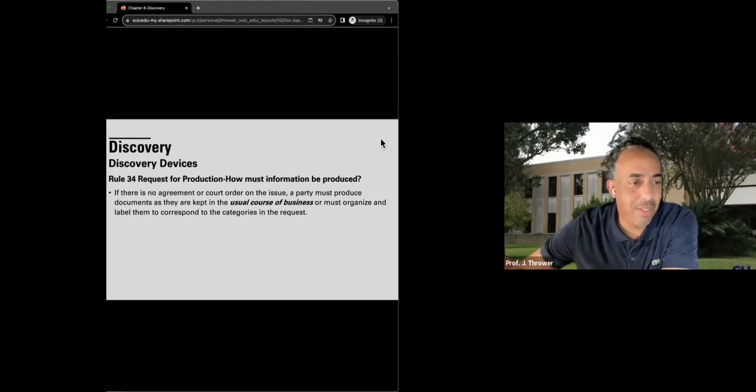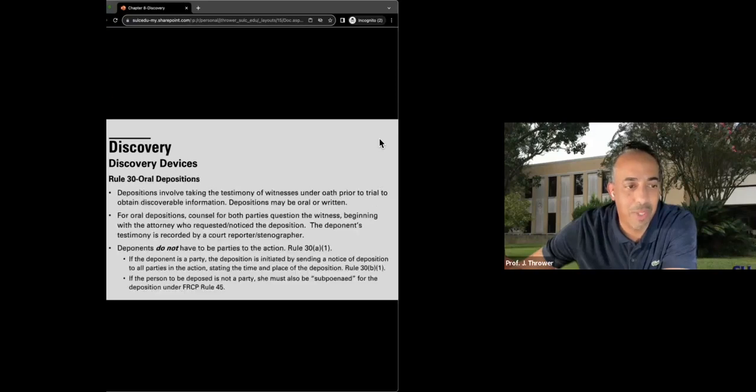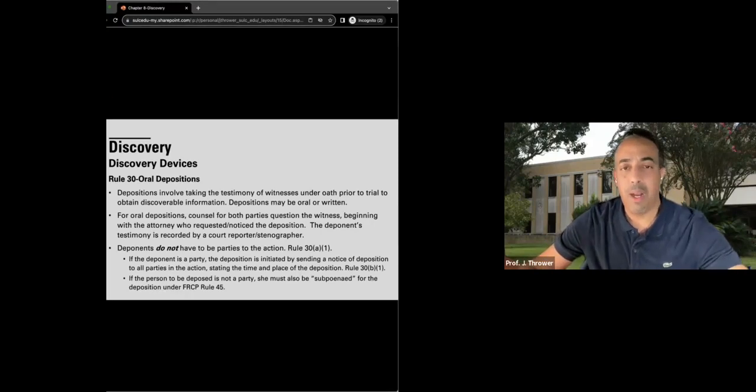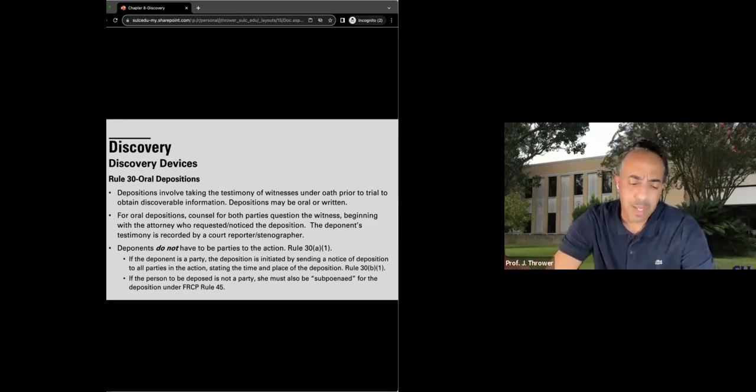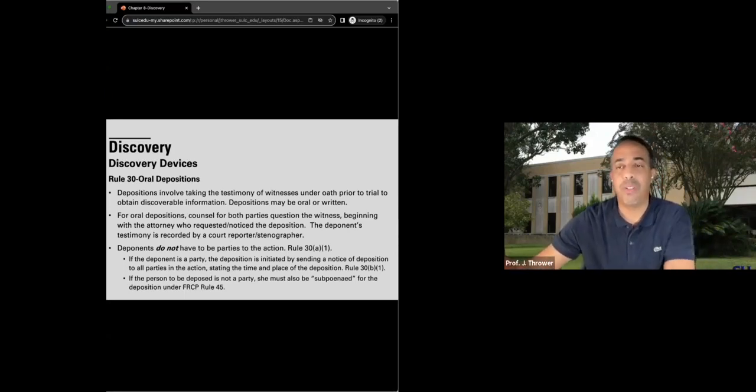Which leads us to our next discovery device, and that is the discovery device of depositions. And we will specifically talk about oral depositions and what they mean to the overall discovery process. It's important to understand that depositions involve essentially taking testimony of witnesses under oath prior to or in advance of trial in order to obtain discoverable information, right?